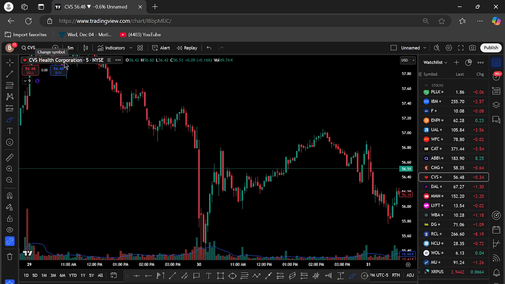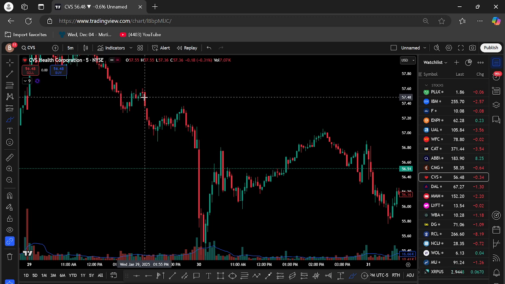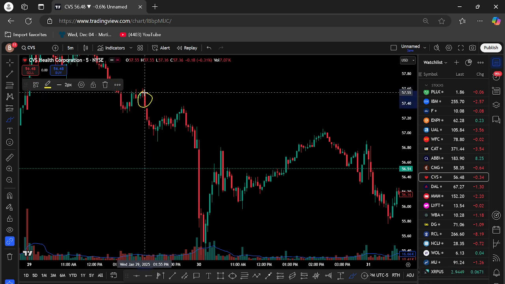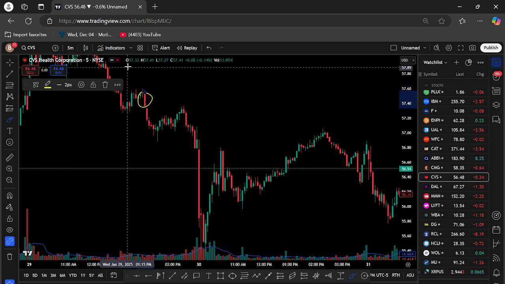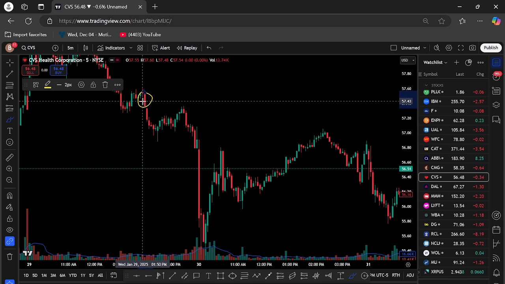When we look at this chart, right on top here is OHLC. If I hover over a candle, you're going to see how it changes. This candle right here, looking at the top, it's telling us it opened at $57.55 and went as high as 57.55.